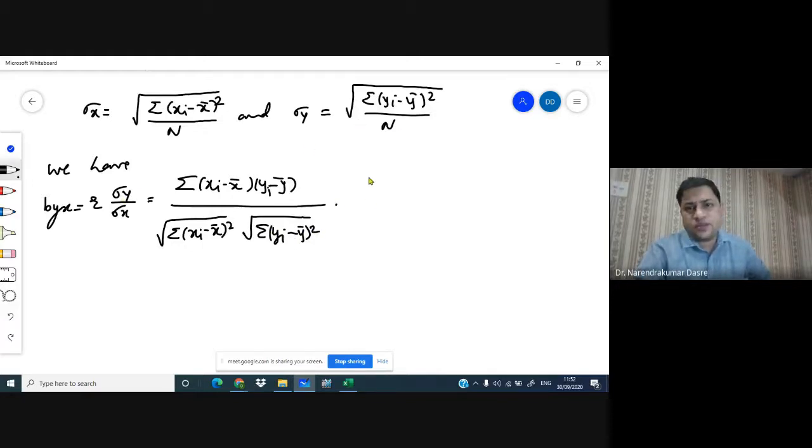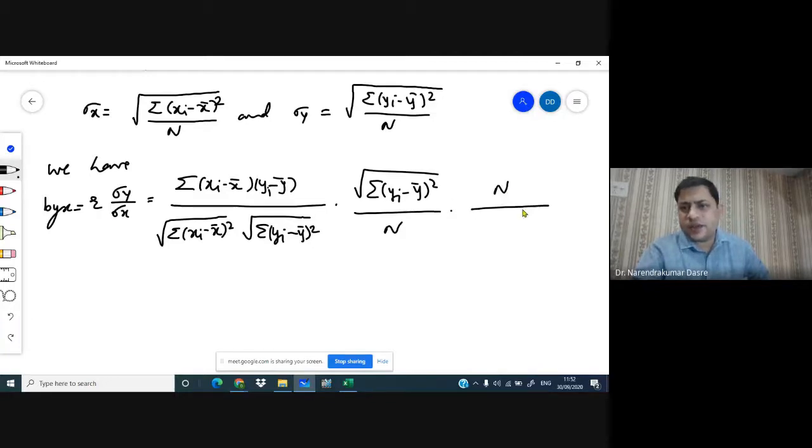Sigma y is square root of summation yi minus y bar square upon n. Sigma x, I can write this as square root of summation xi minus x bar square upon n. So you can see what I'm able to cancel. This n will get cancelled. This term will get cancelled with this term.